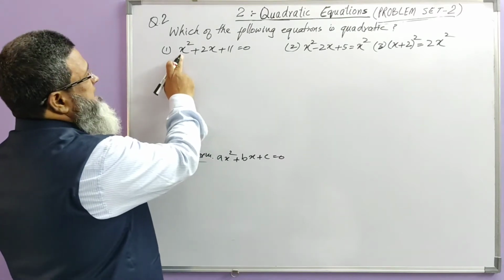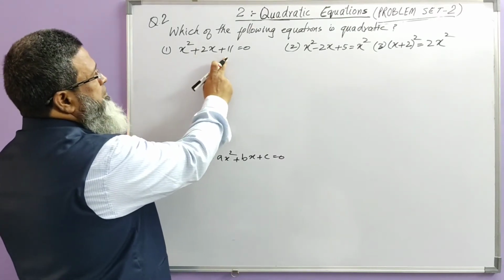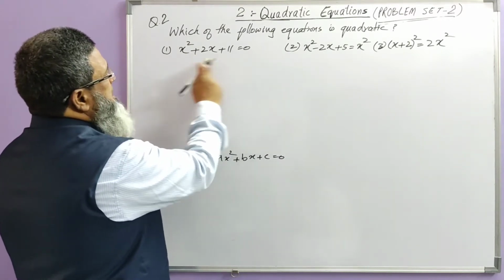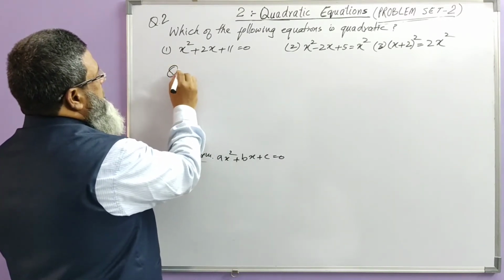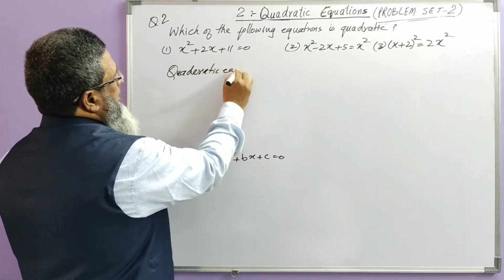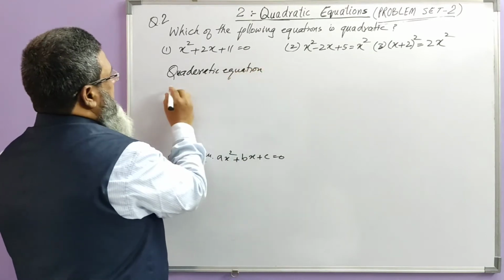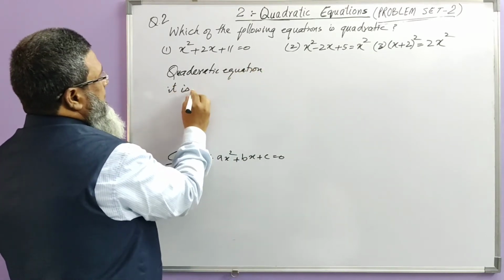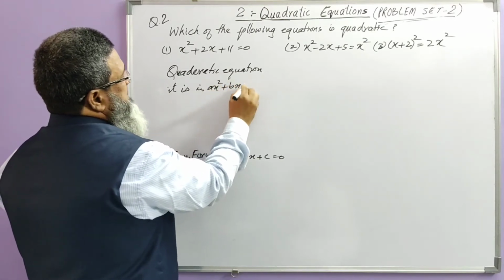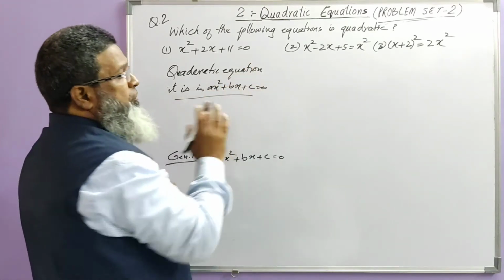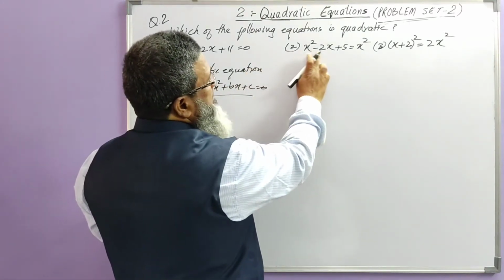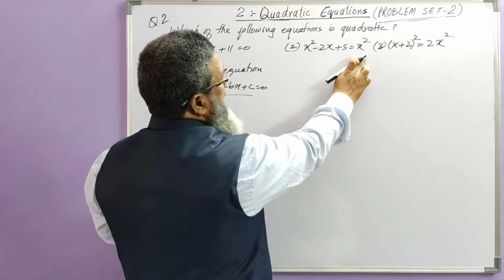See here, x square plus 2x plus 11 is equal to 0. It is totally in the general form, so it is a quadratic equation, because it is in ax square plus bx plus c is equal to 0. See in this question, x square minus 2x plus 5 is equal to x square.